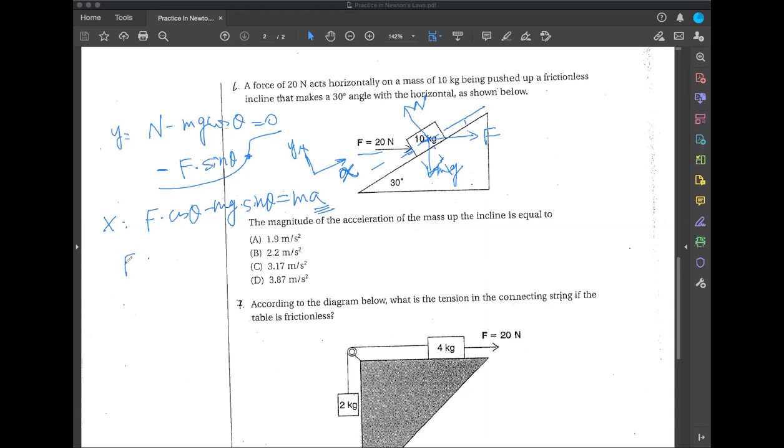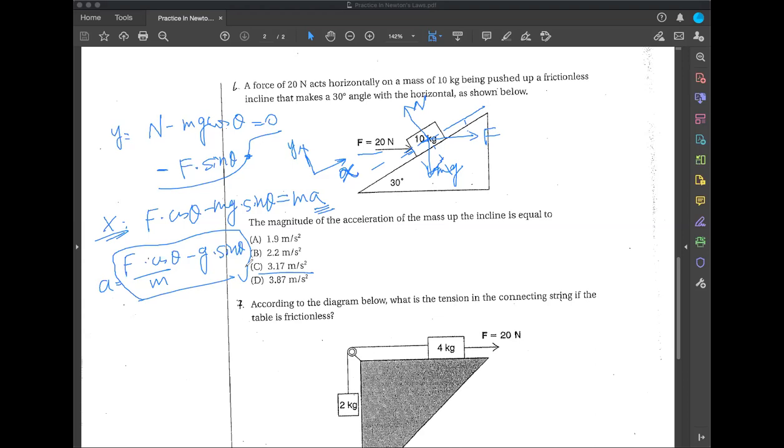So a equals F times cosine theta over m minus g times sine theta. Since we know the force and the cosine theta, we just need to work on the x direction, and that gives you the acceleration already. You simply plug this in, and that should give you the answer C.